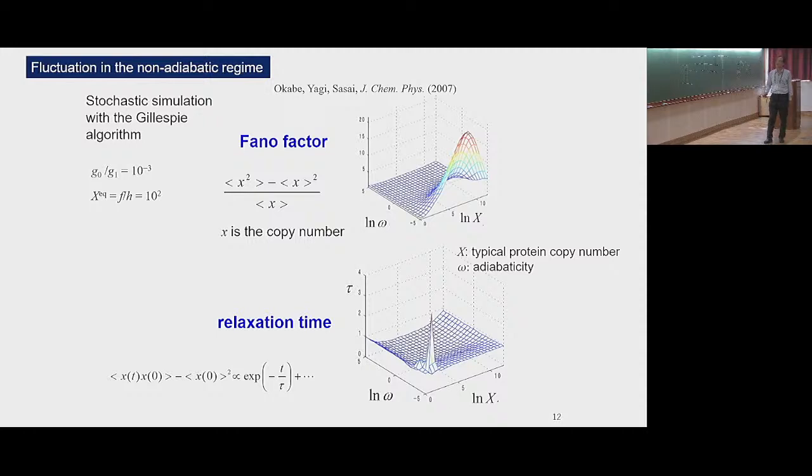And this is the relaxation time plot. And also in this case, in the non-adiabatic regime, we have some anomaly in the relaxation time. So I think that the physics of this non-adiabatic regime should be important to understand the biological system.